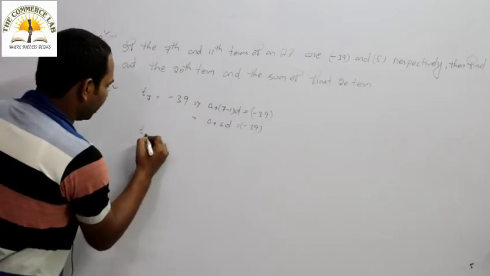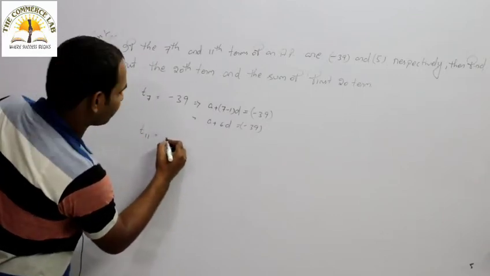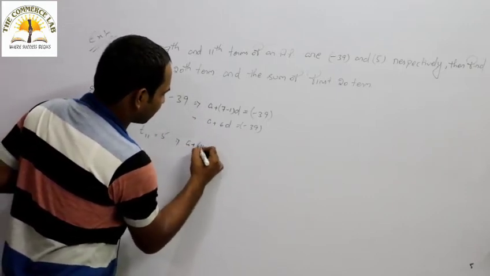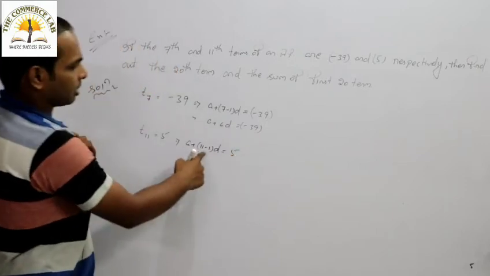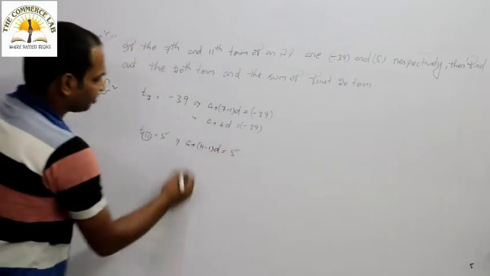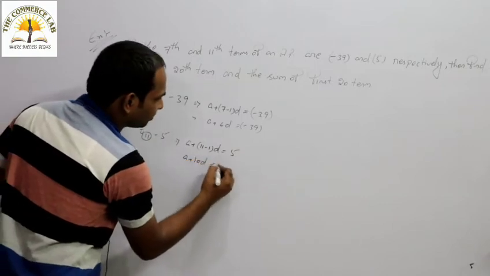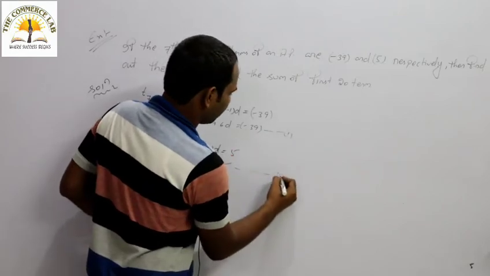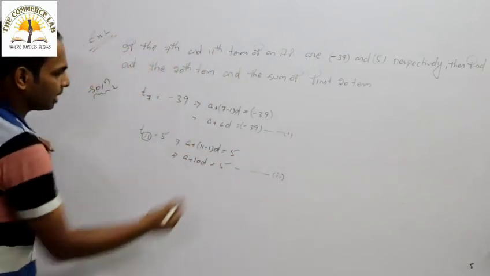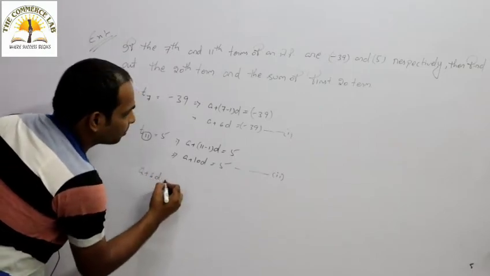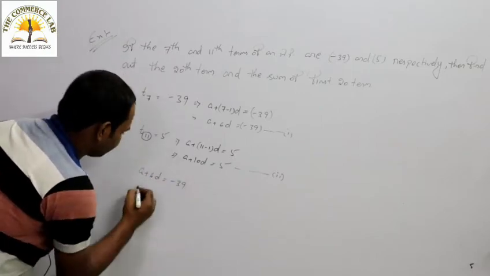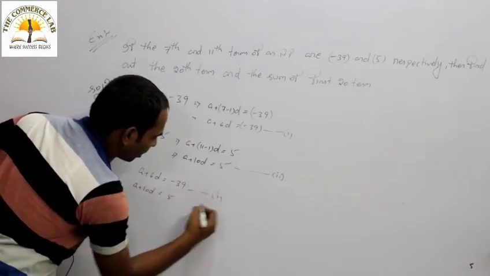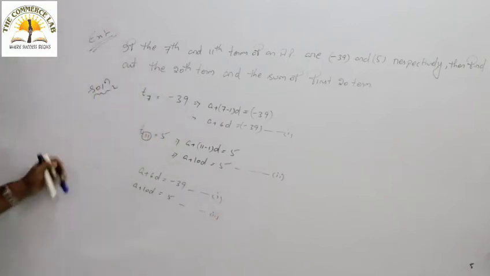Similarly, T11 is 5, written as A plus n minus 1 into D, n is 11. So A plus 10D is equal to 5. So this is equation 1 and equation 2.